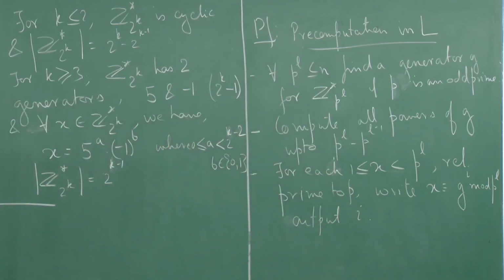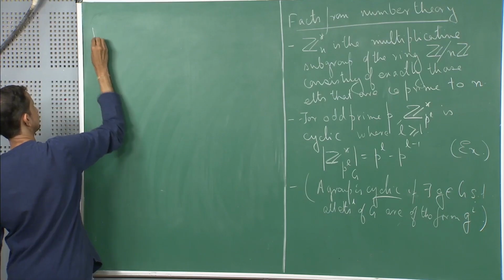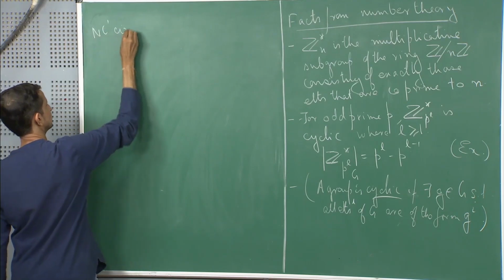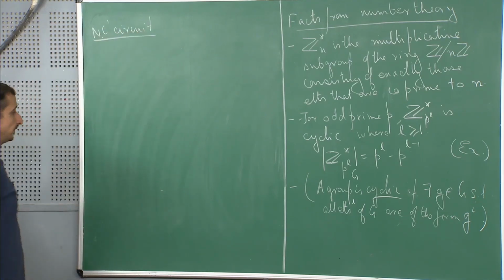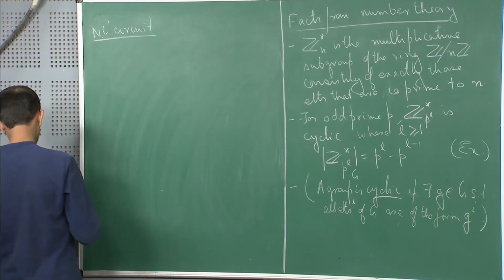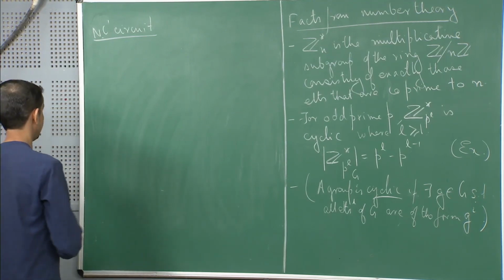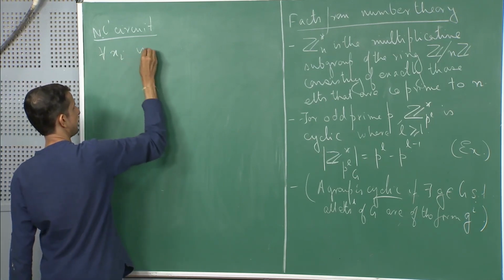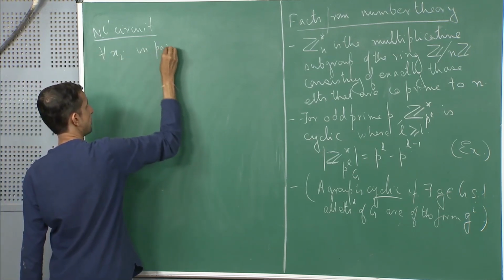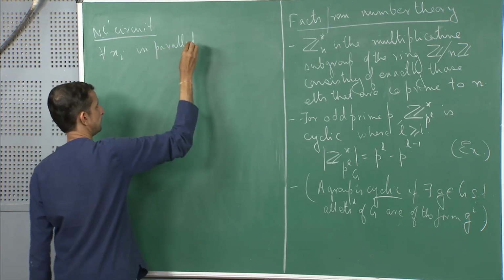Now we come to the circuit. What do we do? For each x we will do the following in parallel.